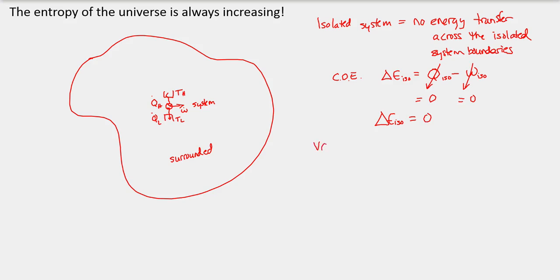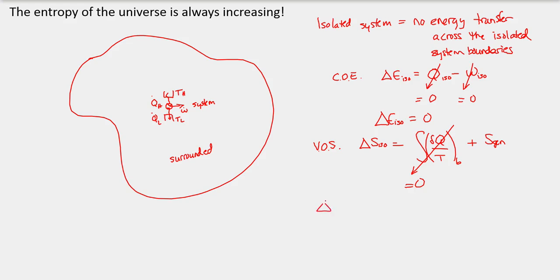So now we look at what the second law tells us, the variation of entropy. The change in the entropy of the isolated system has to be balanced by the heat transfer of the isolated system across the boundaries, plus the generation of entropy that's caused by the process. Again, we've stipulated there's no heat transfer, no work transfer, no energy transfer, so that has to be identically equal to 0.